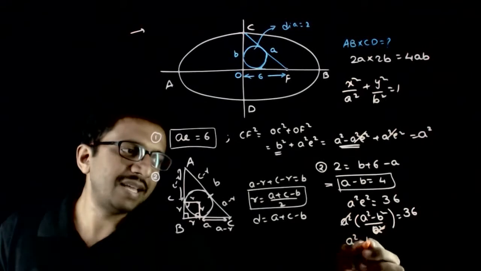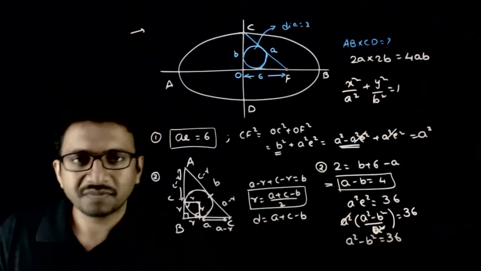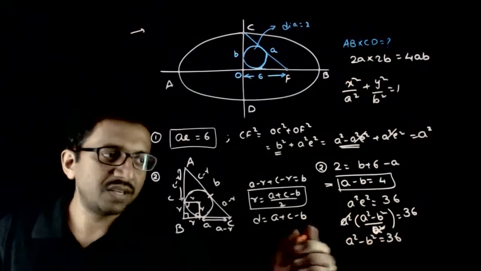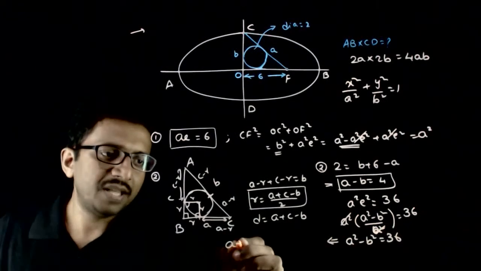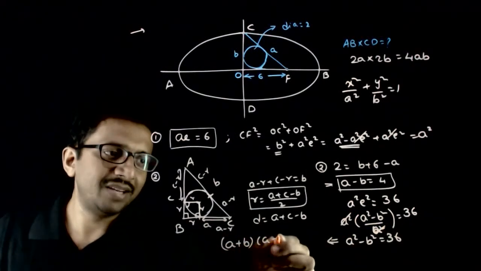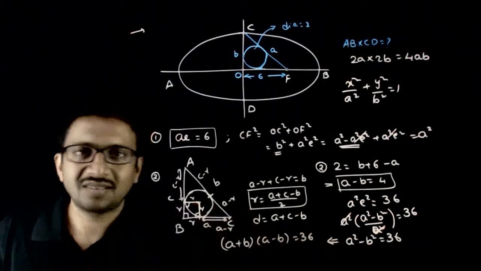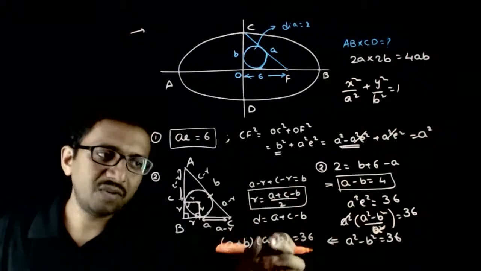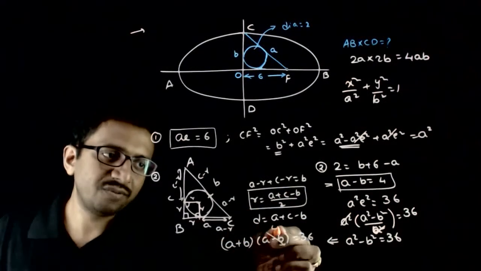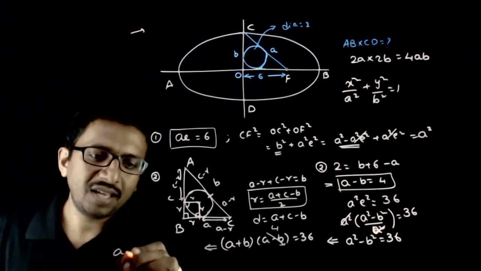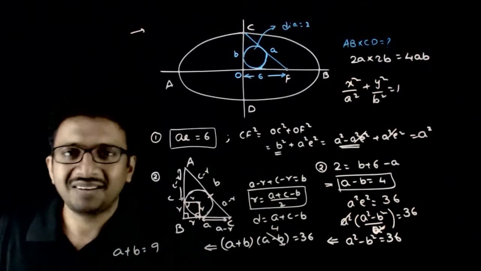So A square minus B square will be equal to 36. So A square minus B square is nothing but A plus B into A minus B is equal to 36. A minus B is already equal to 4. So if you put this as 4, you get A plus B is equal to 9.